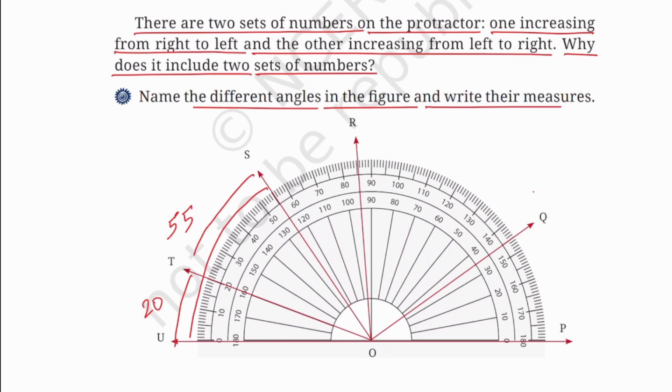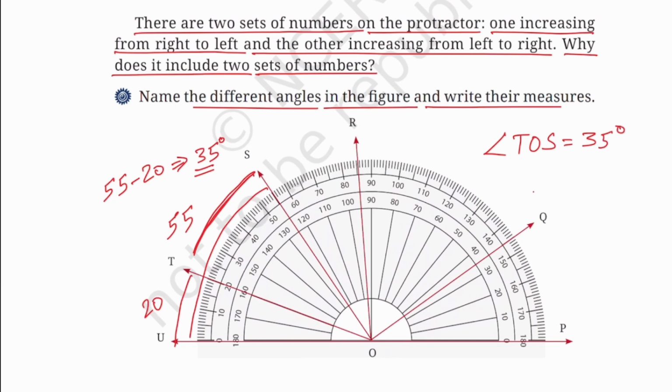So the gap is 55 minus 20, that is equal to 35 degree. So measure of angle TOS is 35 degree.